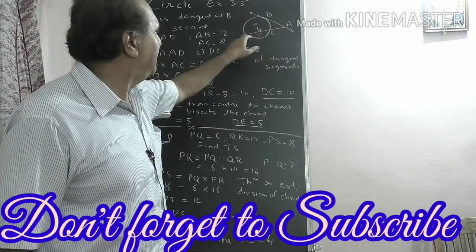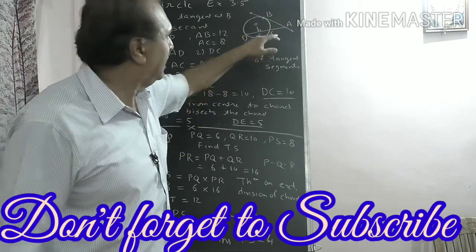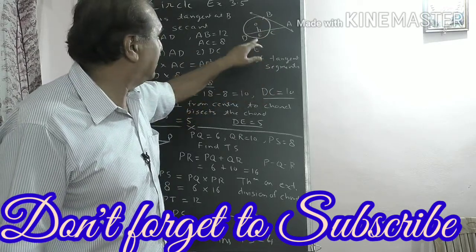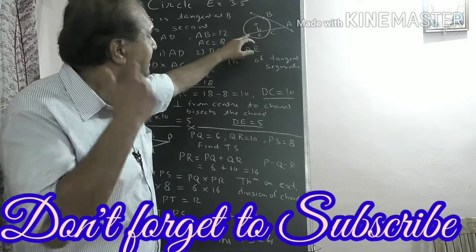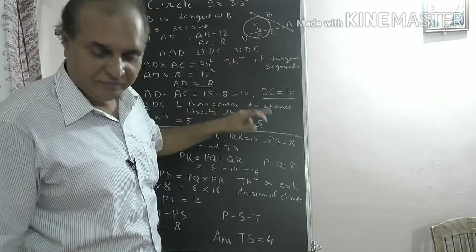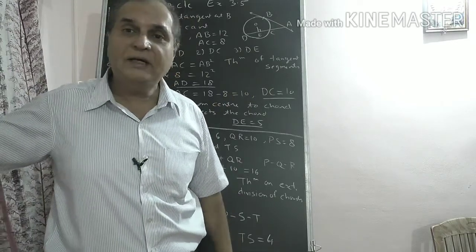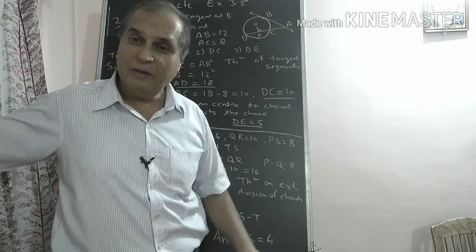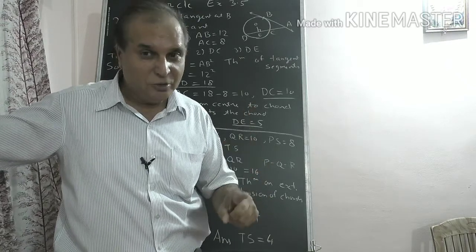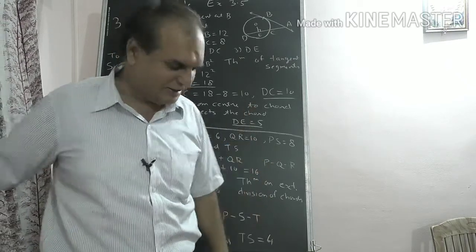See, AD is secant and AB is tangent, tangent and secant. Now O is the center of the circle and OE is perpendicular to AD. In 9th standard you had a theorem, if you remember: perpendicular from the center of a circle to a chord bisects the chord.